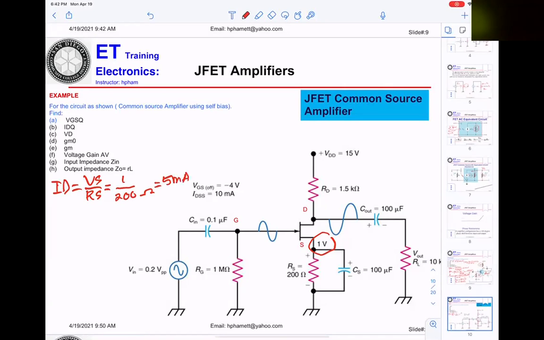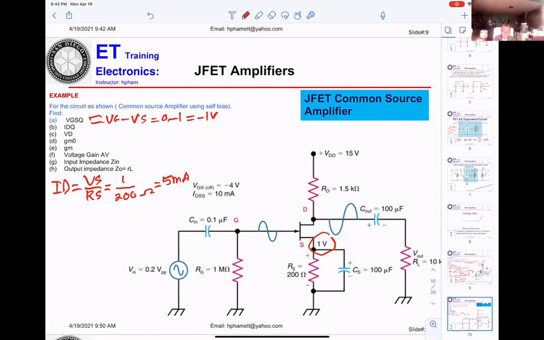Did anybody else get that? Yes. What does VGS equal? VG minus VS. VG is 0, minus 1, you get minus 1 volt.